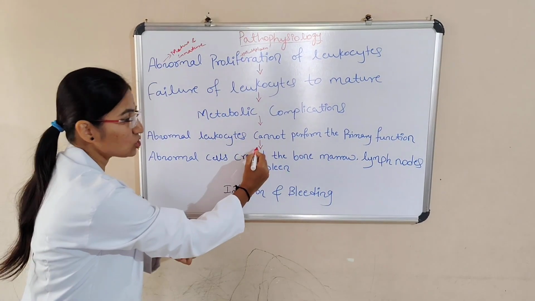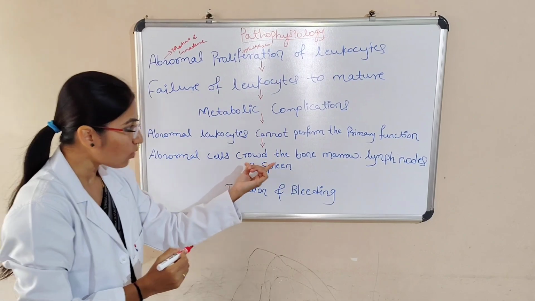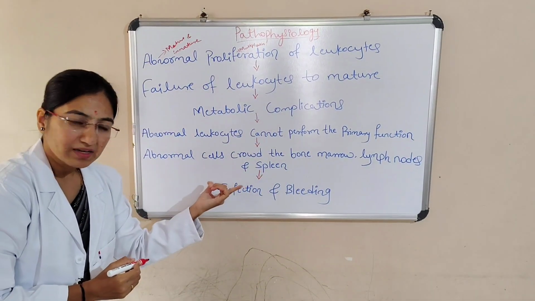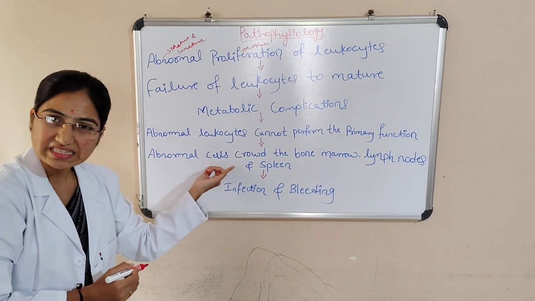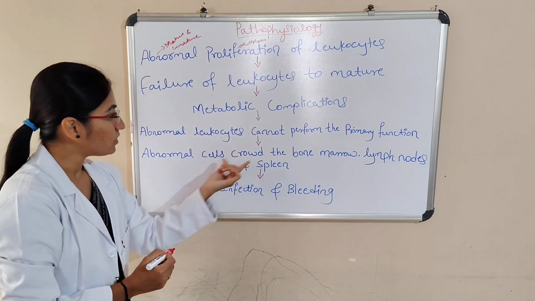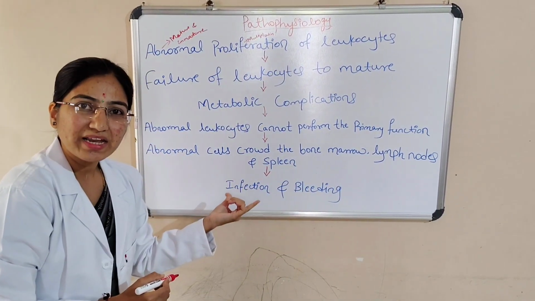Abnormal leukocytes crowd the bone marrow, lymph nodes and spleen.